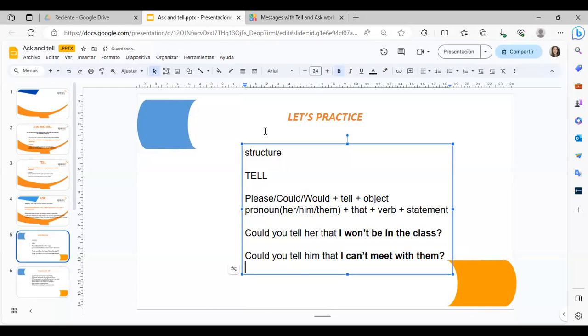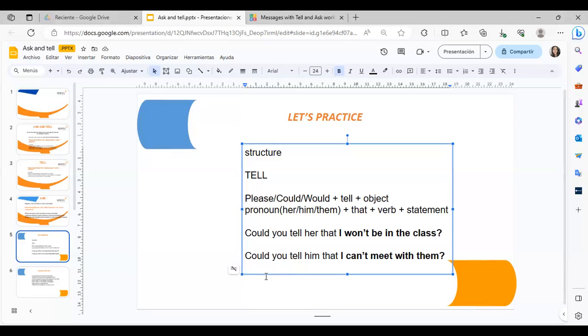Okay, the last example, let's see who can help me. Teacher, I don't know if it's correct, but would you tell me what is your phone number?